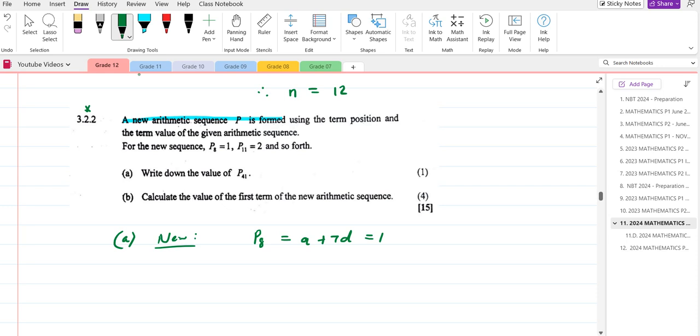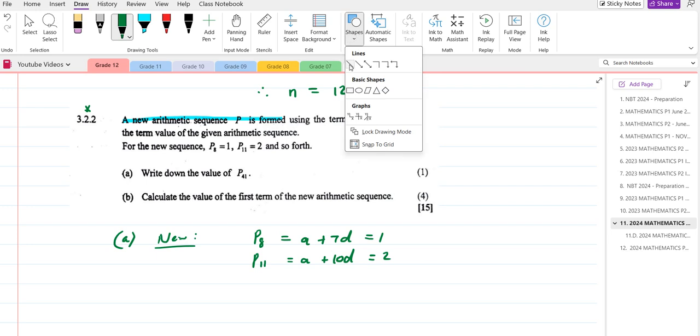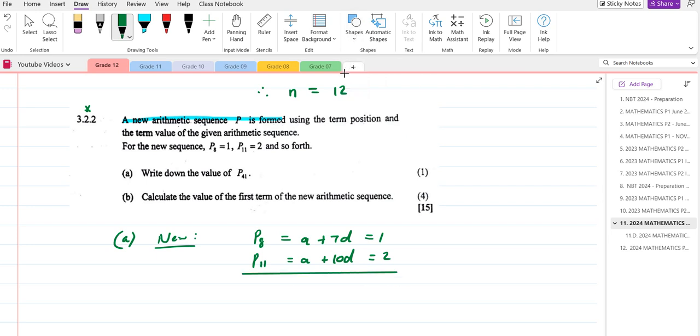And P11 is A plus 10D is equal to 2. And now if you subtract both, the A's cancel out. 7 minus 10 is minus 3D. 1 minus 2 is minus 1.